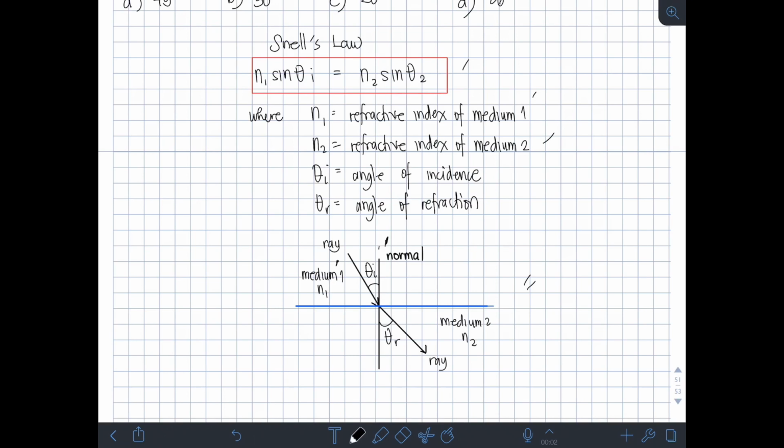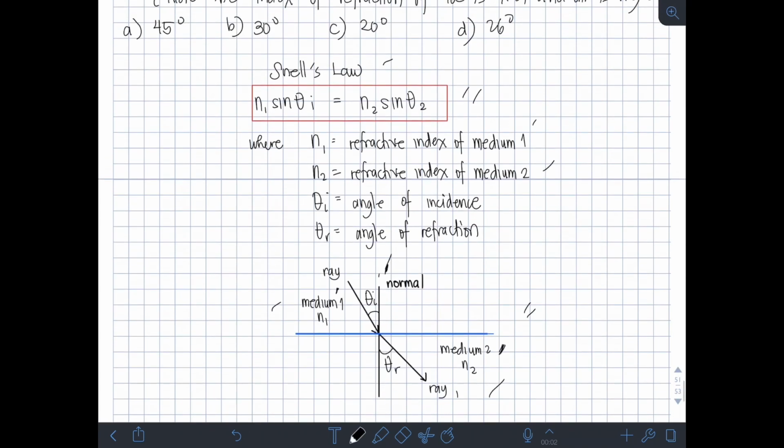When it passes into medium 2, the one in blue, it will have an angle of refraction, which is theta R, also with respect to the normal. So, by Snell's law, the relationship of the index of refraction of medium 1 and medium 2 to the angle of incidence and angle of refraction is this: n1 sin theta I equals n2 sin theta 2.